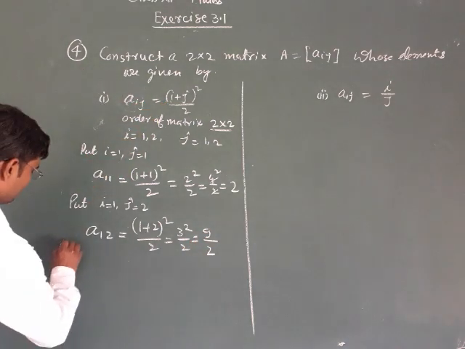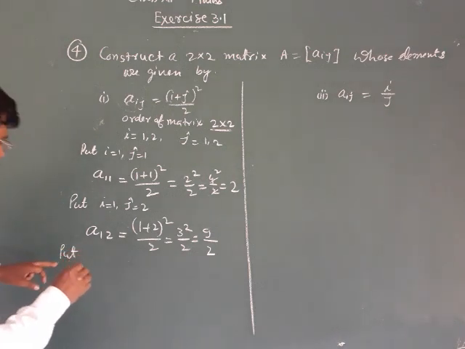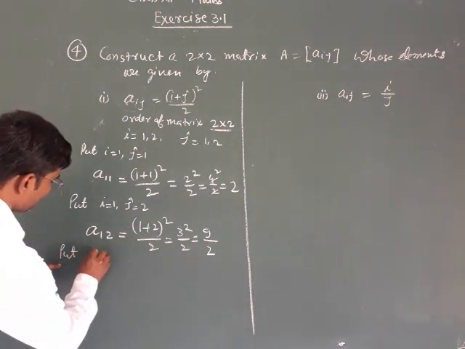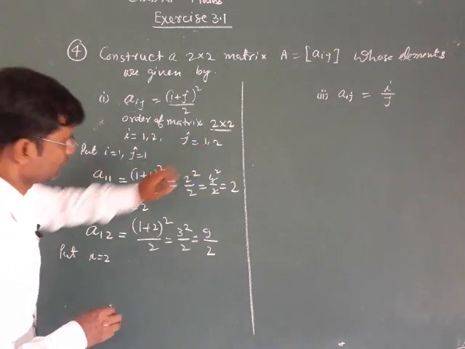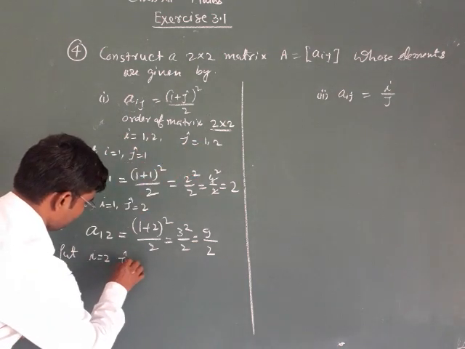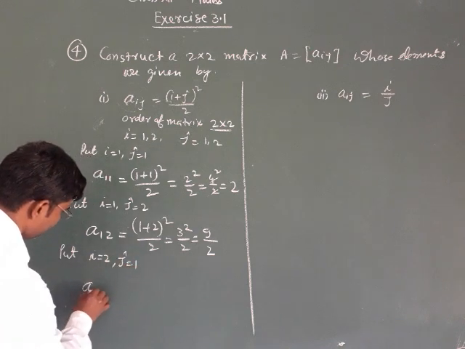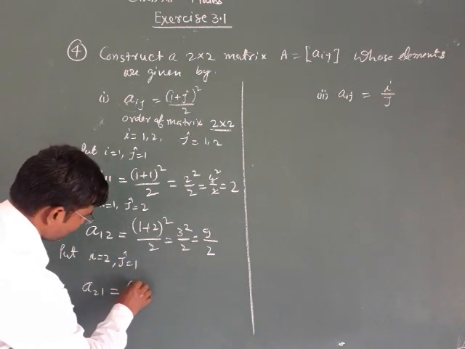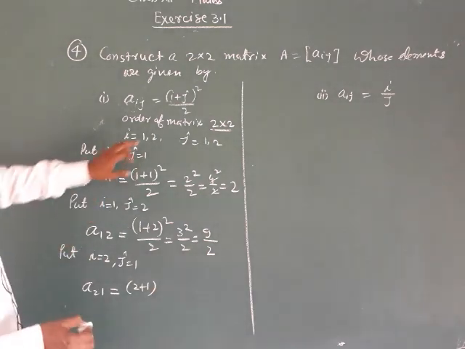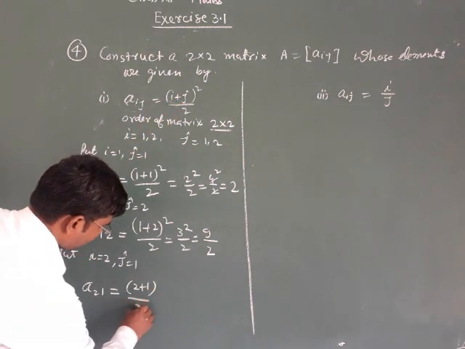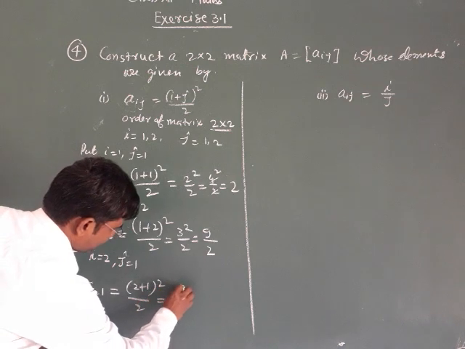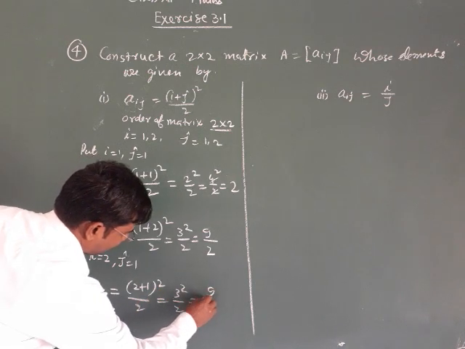And put i is equal to 2 and j is equal to 1. Then a21 is equal to (2 plus 1) square upon 2, 3 square upon 2, which is equal to 9 upon 2.